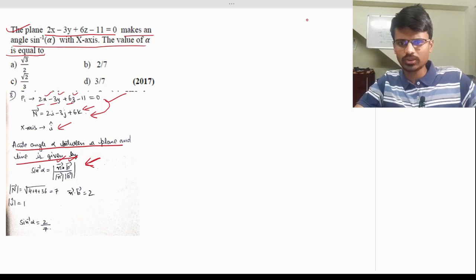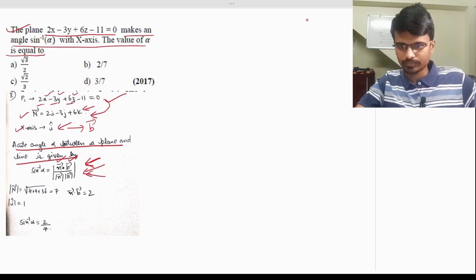So all we have to do is substitute in this formula. We have our vector n, and our vector b is i cap. If I substitute all the values here, I get sine inverse alpha. So sine inverse alpha is 2 by 7.